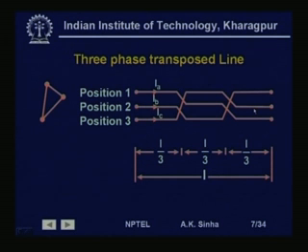In this way, each phase conductor has gone through all the 3 positions for 1/3 length of the line, and therefore, the total flux linkage for each of the phase conductors will be almost the same. Because of this, the inductance will also, on average, be the same for the 3 phase conductors. This makes the transmission line more balanced.